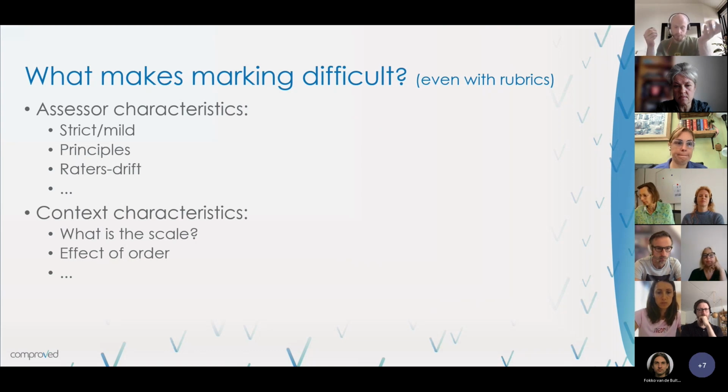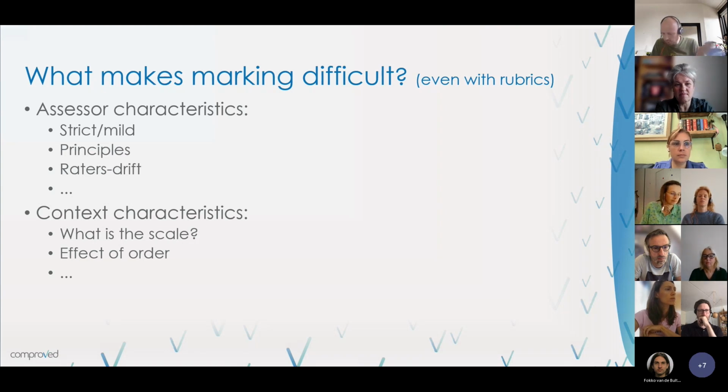The one is very strict, the other one is more kindly. You have some teachers who will not give more than a 7 out of 10, while others think, okay, the scale is 10, so 10 is possible. You have people who are fond of some principles, for instance, the language teacher in Dutch who lets no dt-faults pass.